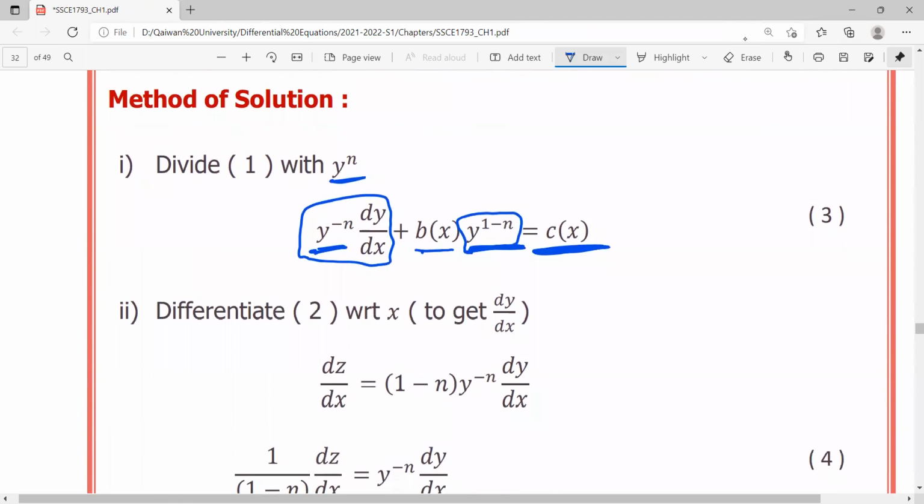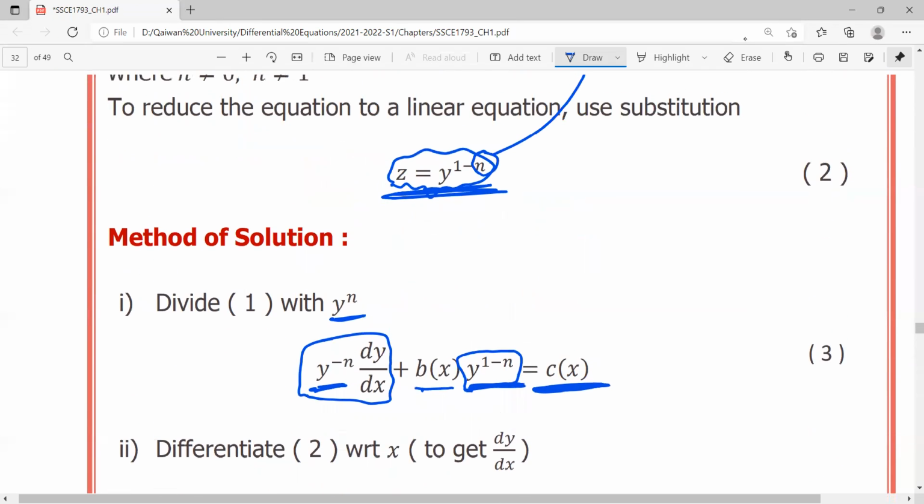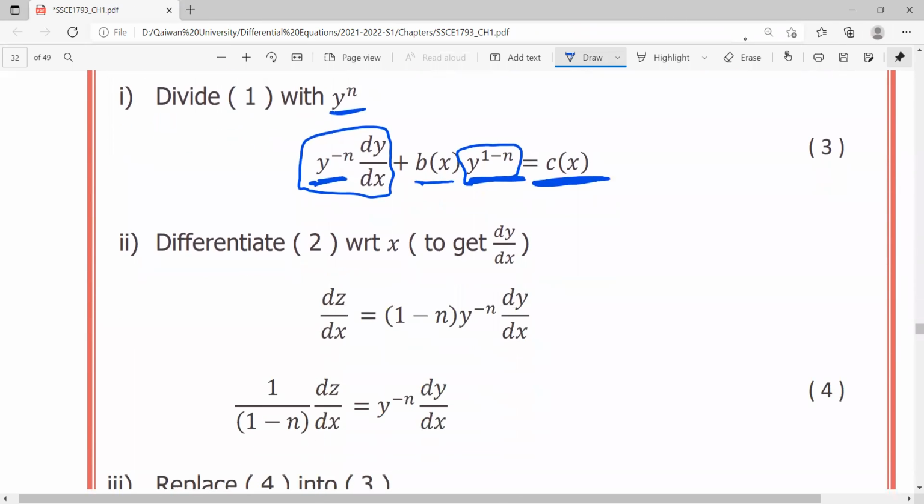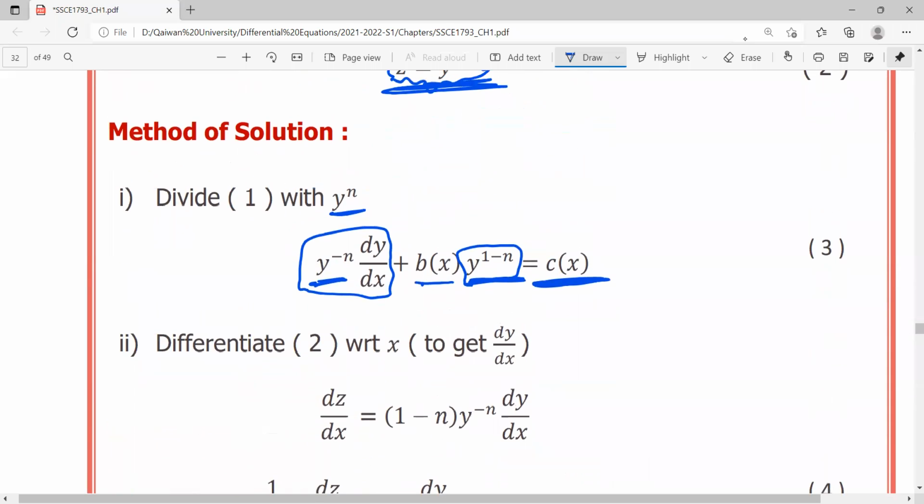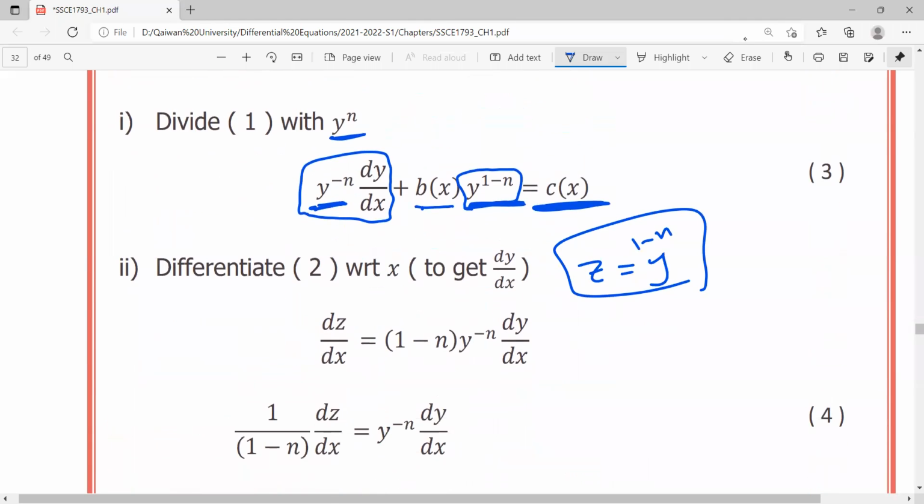And now we use the substitution. We have z equals y to the power 1 minus n. We find the derivative of both sides with respect to x. Both z and y are functions of x.